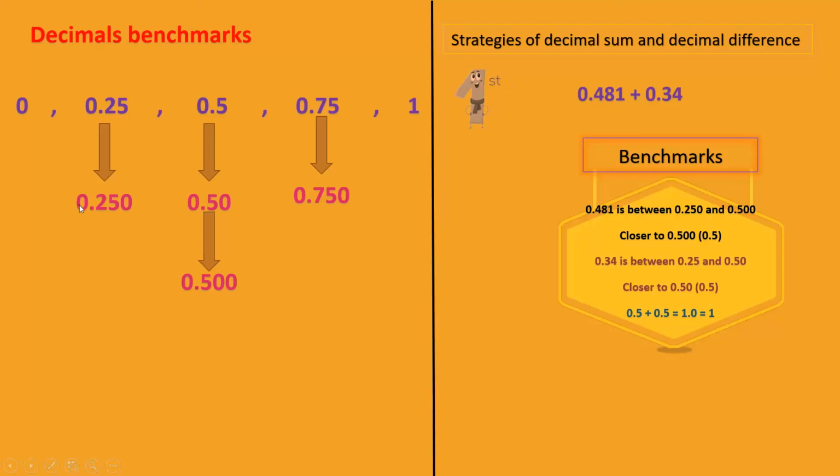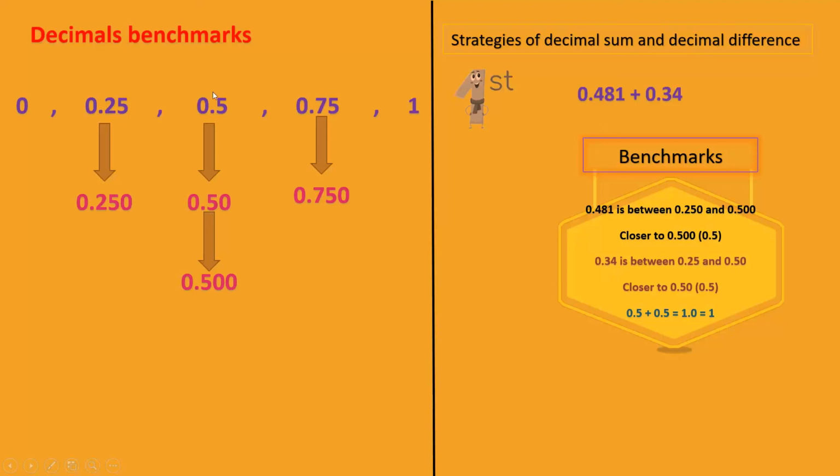Yes, 0.481 is between 0.250 and 0.500, right? So it is between the two benchmarks, خلاص? 0.250 and 0.500. And it's closest to what? 0.481 closest to 0.500.